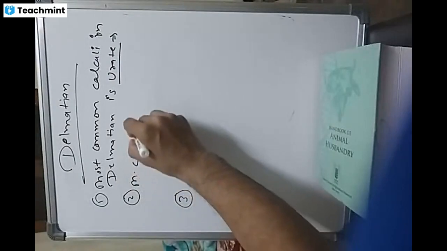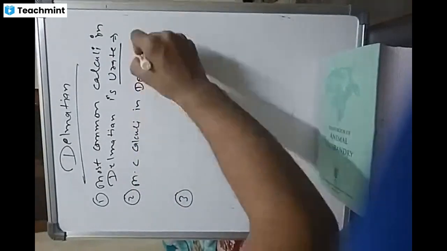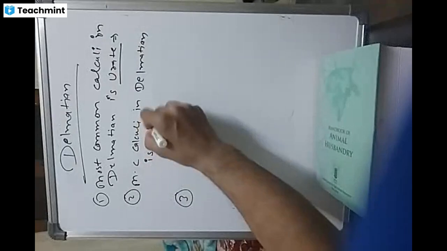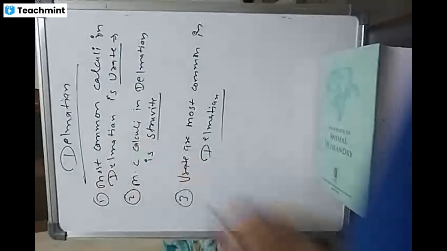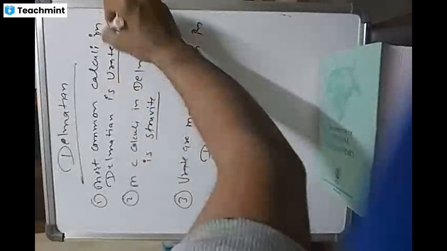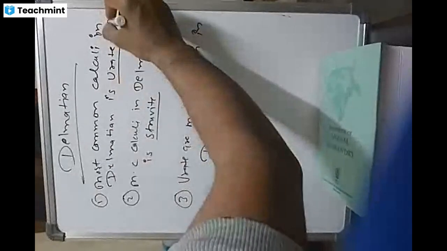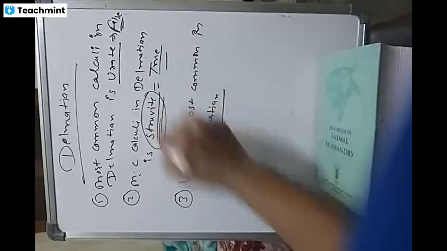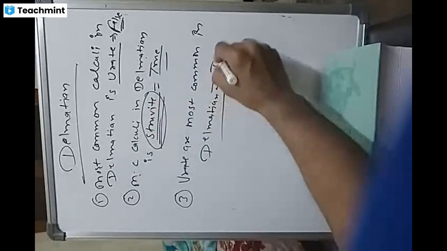The Asian dog is. These are the three. So calculi in Dalmatian, it is false, because the most common calculi in dogs is struvite. This statement is true.